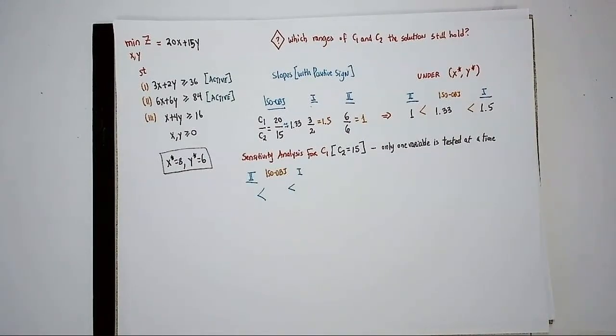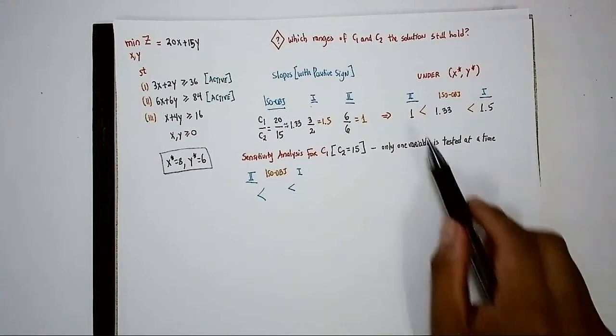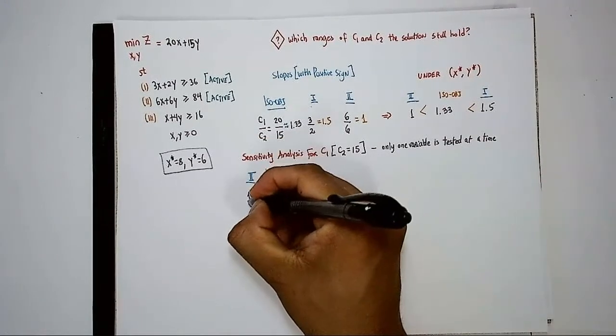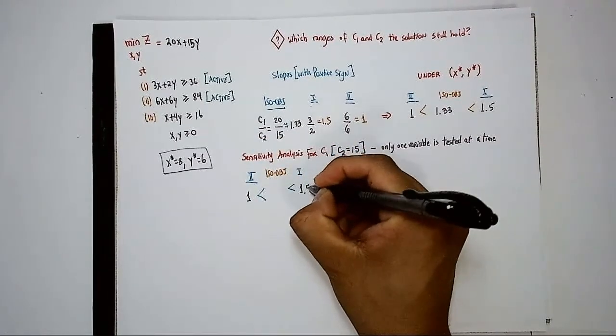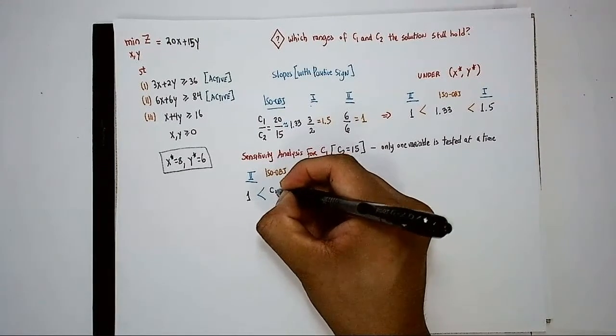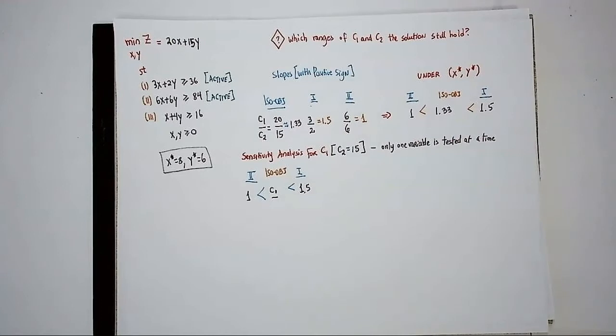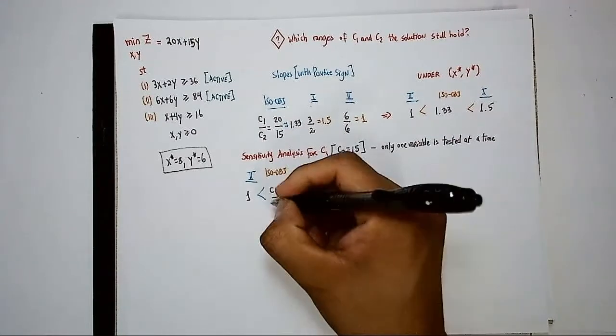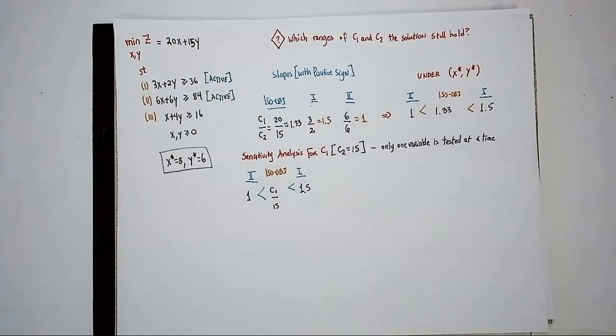The slopes of the active constraints are in order 1 and 1.5. The slope of the iso-objective is the coefficient of x divided by the coefficient of y, which is 15.